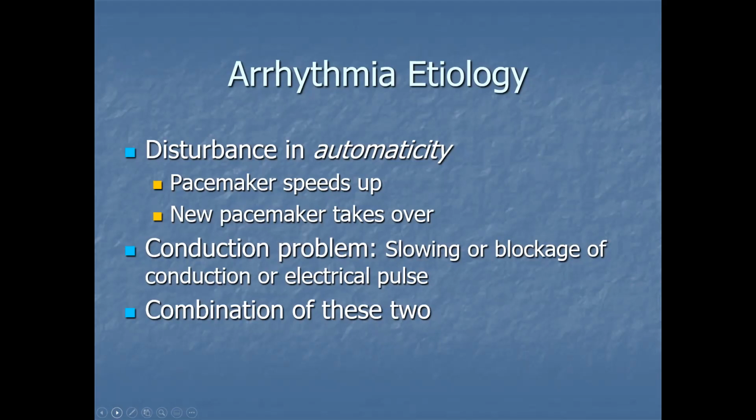In some cases, the pacemaker speeds up. In some cases, a new pacemaker, albeit beating at a slower rate, will take over, because the one beating at the higher rate is not functional, or there's some issue with the conducting pathway that we showed you earlier. So, a conduction problem, slowing or blockage of the conduction, or a combination of these.